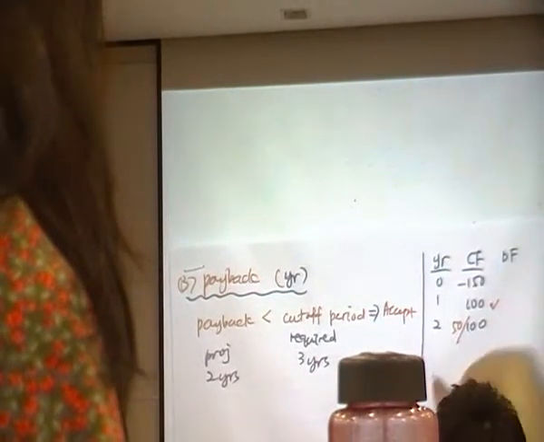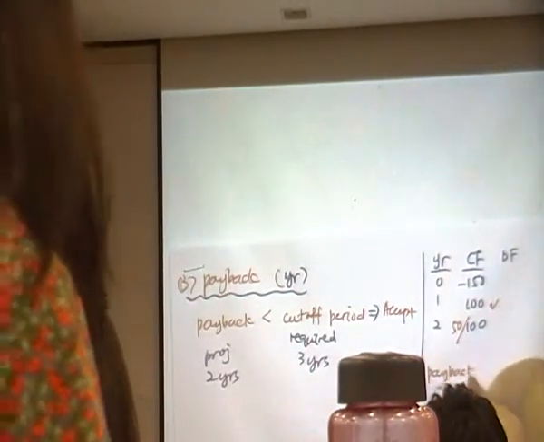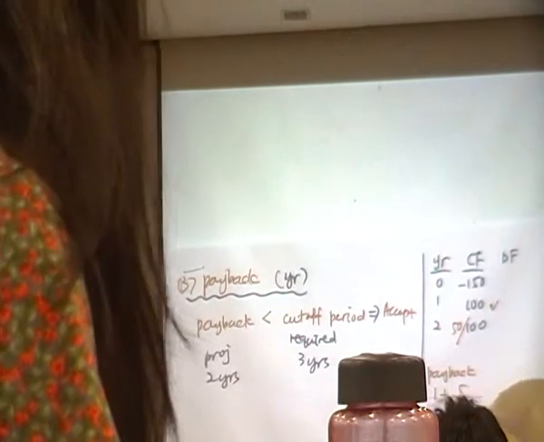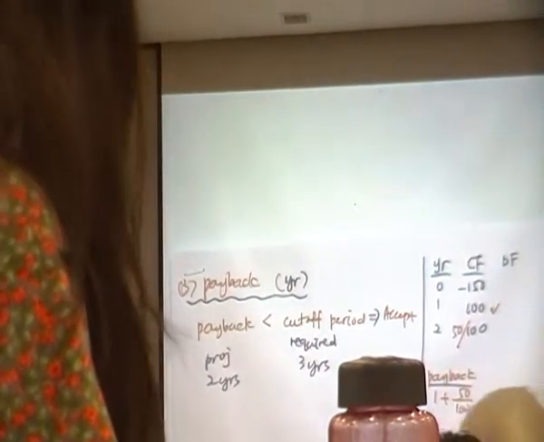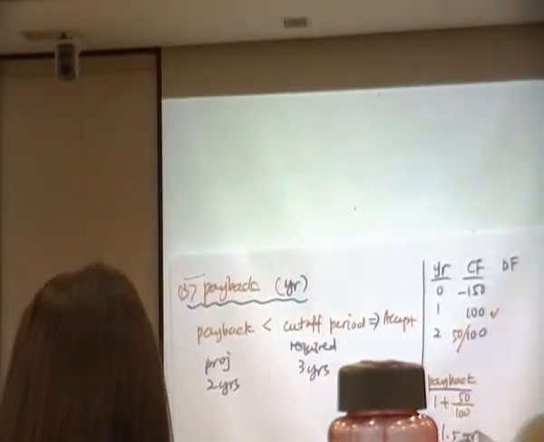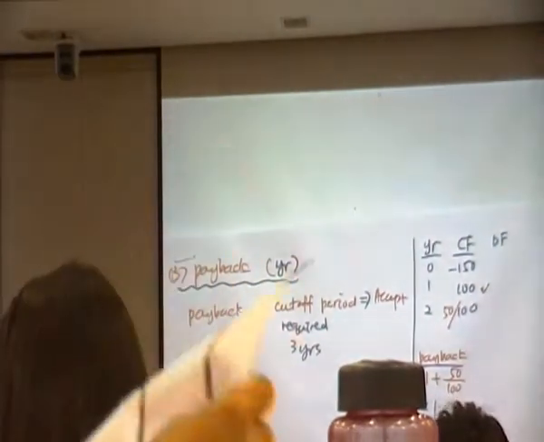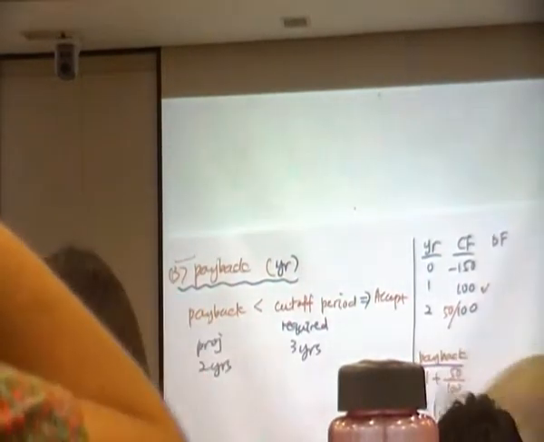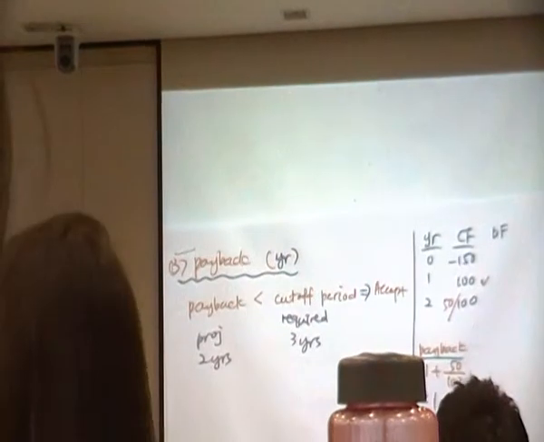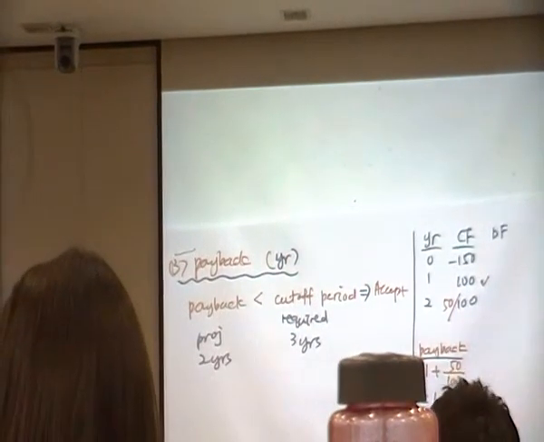So the payback here is 1 plus 50 over 100. This is 1.5 years. That's all. Okay? But this payback doesn't consider the time value of money, so it ends up having a problem.